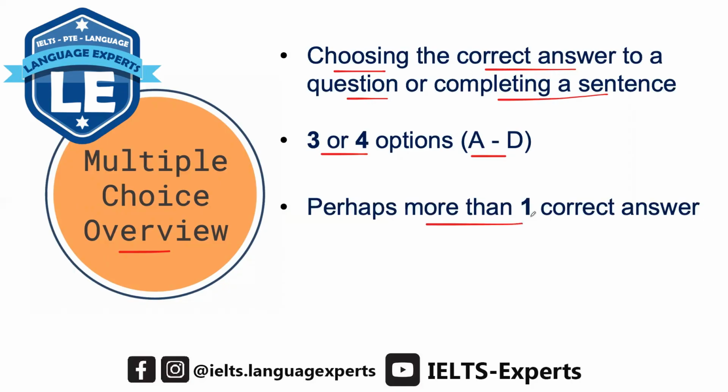Now, it's quite typical just to have one correct answer, but don't be surprised if you come across the multiple choice question that has more than one correct answer. In this case, just make sure you read your directions well and you know what to look out for. Now, in terms of techniques, we're going to use the scanning technique. If you are familiar with practicing for reading, you are probably familiar with the scanning technique.